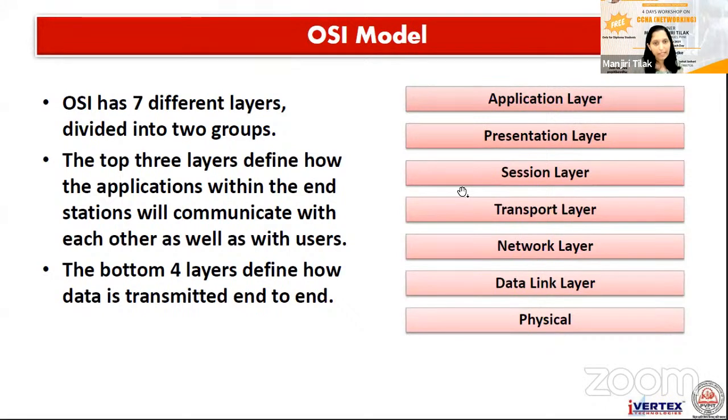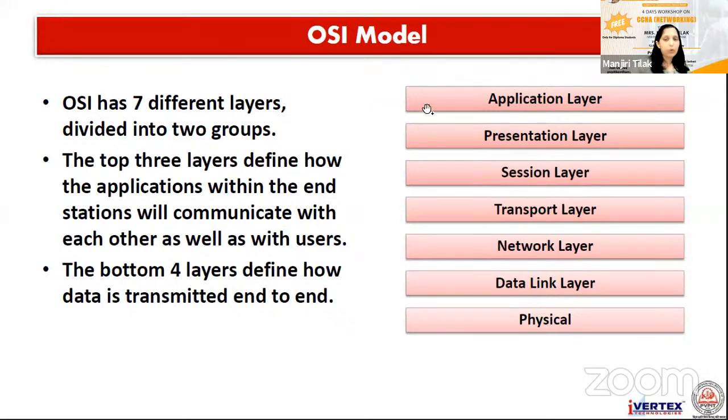In earlier days, the networks were vendor specific, meaning HP computers could communicate with HP, IBM could communicate with IBM. But if you wanted communication between HP and IBM, it was not possible. Clear? That is what is meant by vendor specific networks.